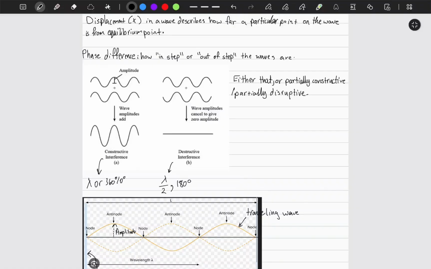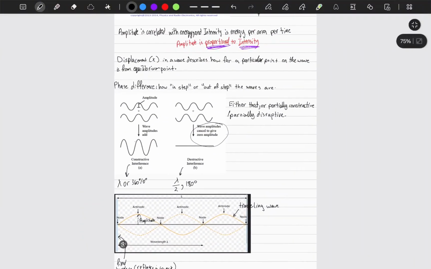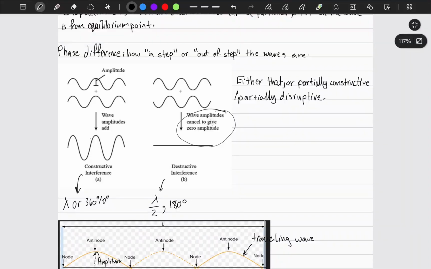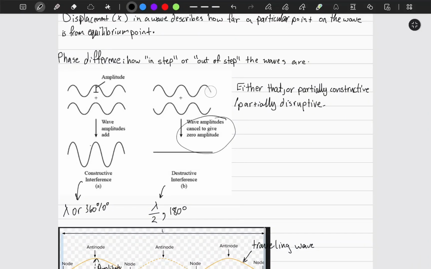So you see, this is the equivalent of adding them together. But if you do that with waves where the peak of one is above the lowest point of the other, the trough and the crest, then they cancel each other out. Of course, this is because these two waves are equal to each other. But if one was bigger than the other, it would not be zero amplitude. It would be smaller than both.